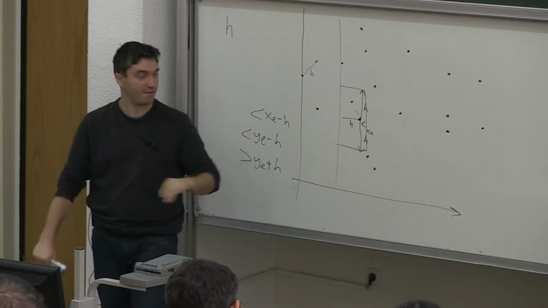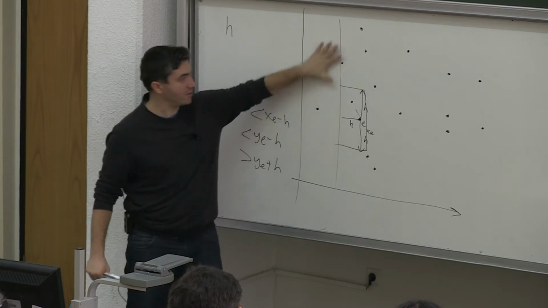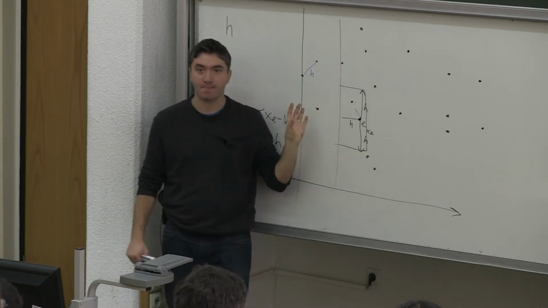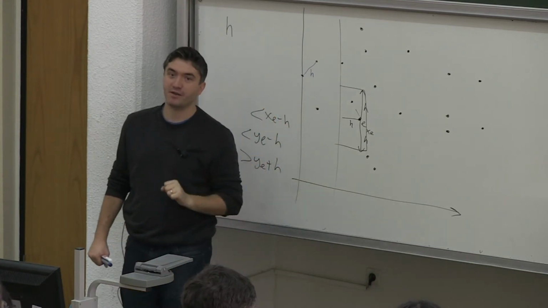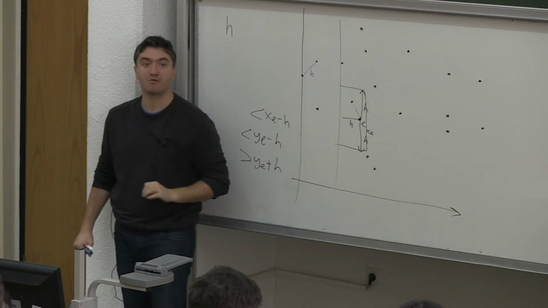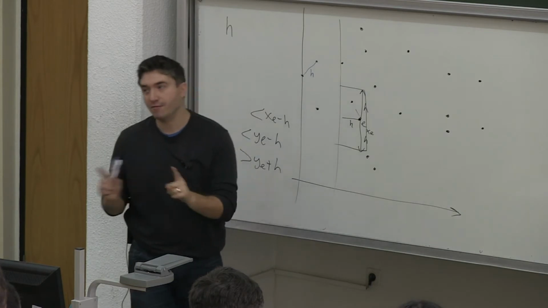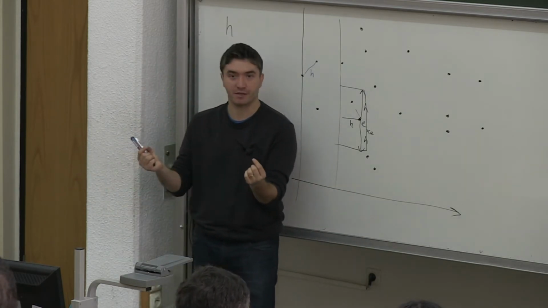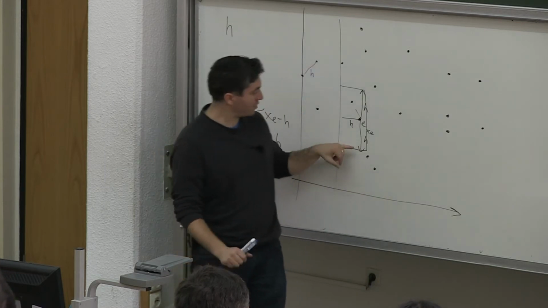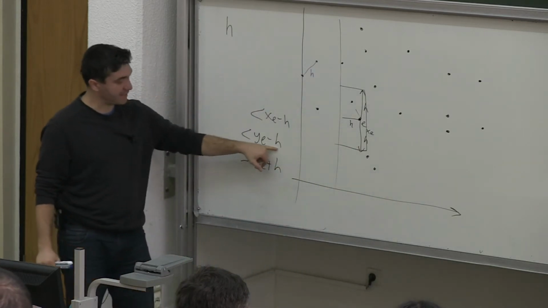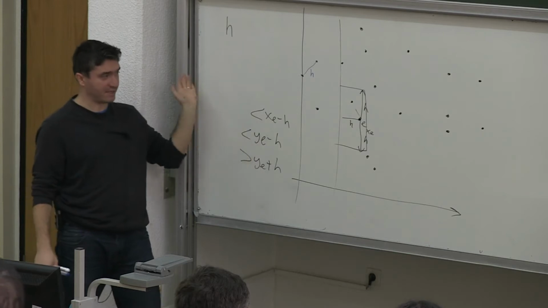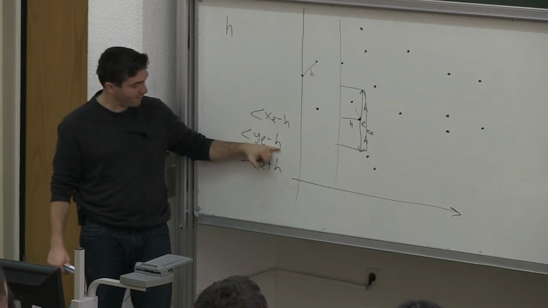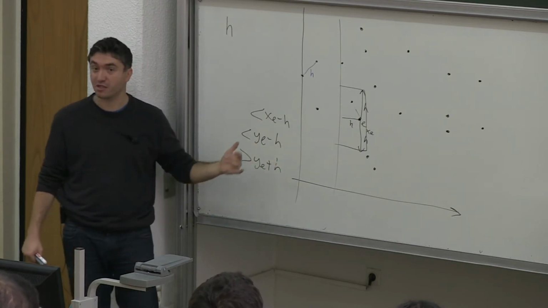If you have the points to the left of you in a balanced binary search tree with respect to their y coordinates, you can actually perform range queries in balanced binary search trees. So you can search for ye minus h. And if you have this as an array, for example, after locating this in log n time, you can find all the points within this range in linear time.